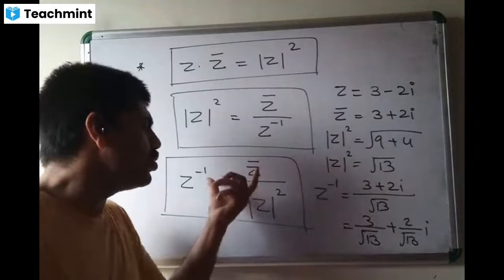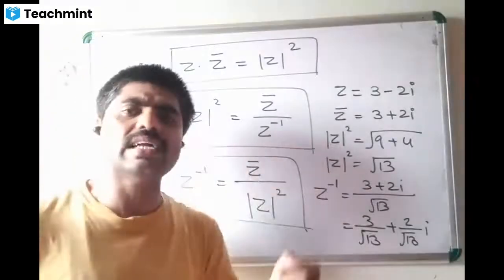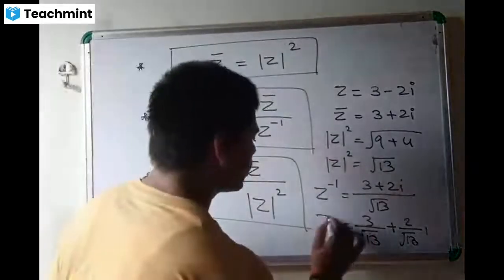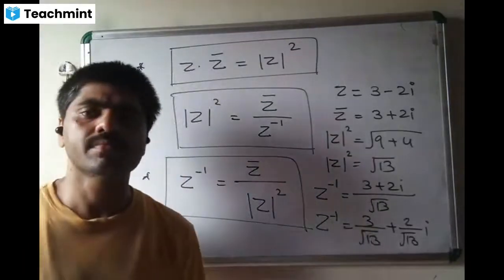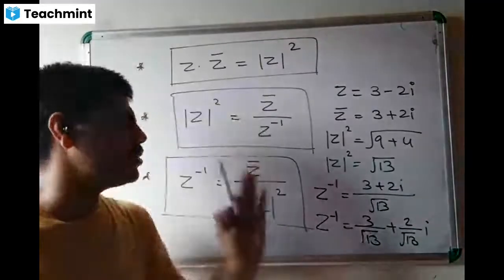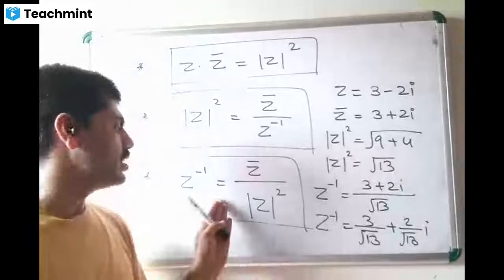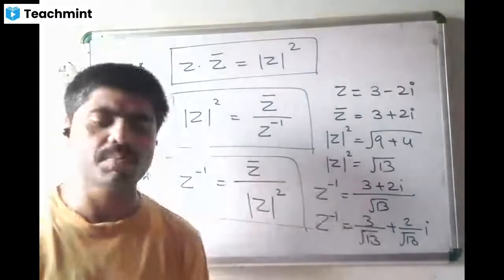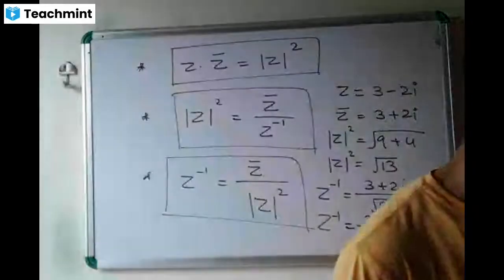If you do not want to use this formula, you can calculate directly and you will always get this result. So this is the formula between the conjugate, complex number, and modulus, which shows the multiplicative inverse, conjugate, and modulus relation, isn't it? Yes, sir.